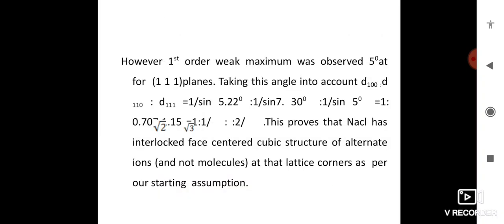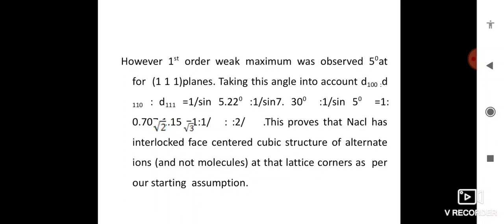However, the first order weak maximum was observed at 5 degree, and here you have to take 1 by sin 5.22 degree is to 1 by sin 7.30 degree is to 1 by sin 5.5 degree equals 1 is to 0.707 is to 1.15.